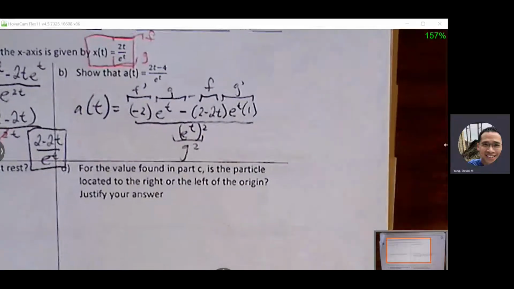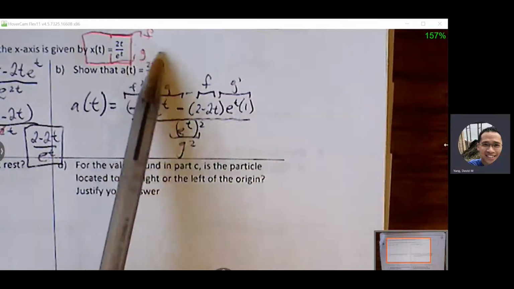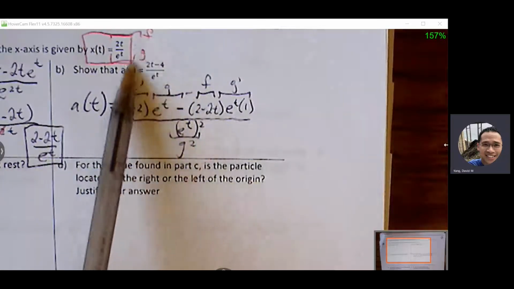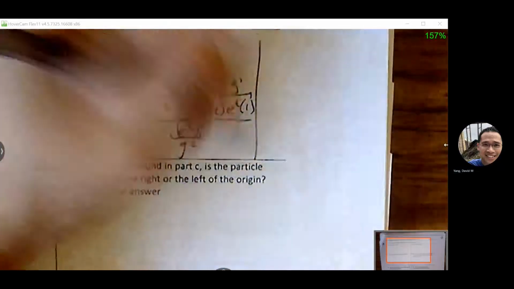Okay, we will clean up, and as we clean up, we should be able to make it look like this. That's our goal. We want our acceleration to be cleaned up to look like that.